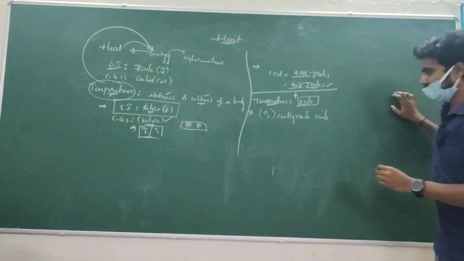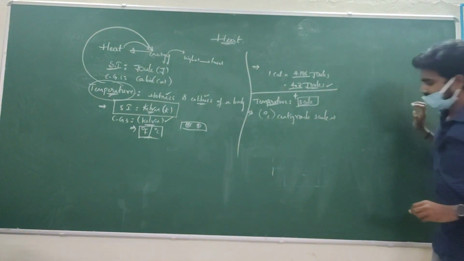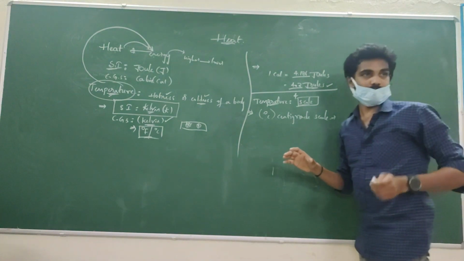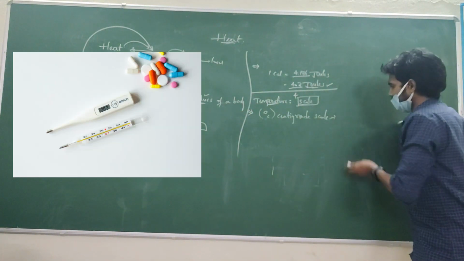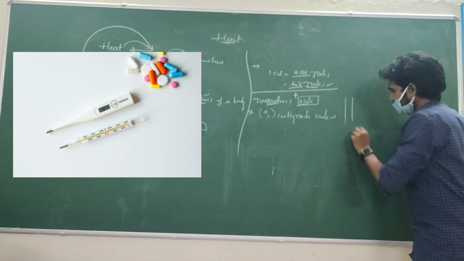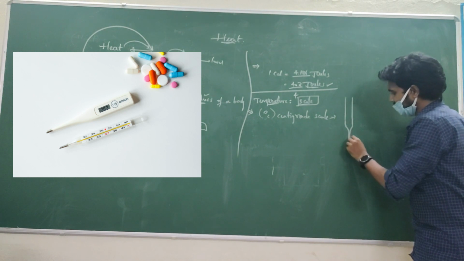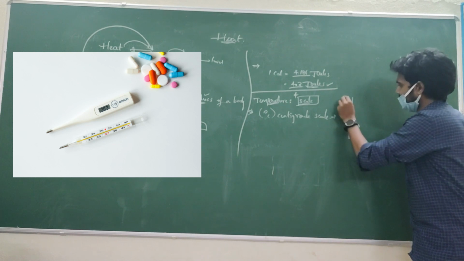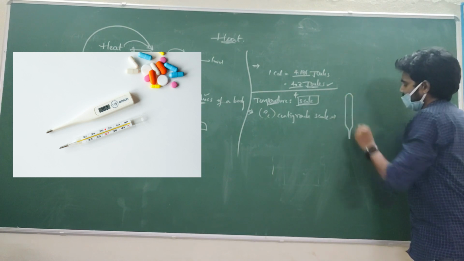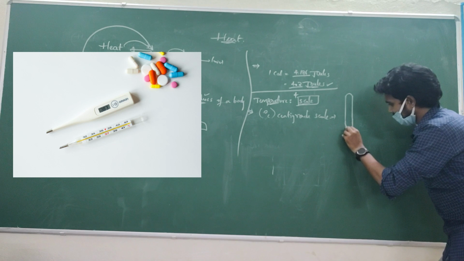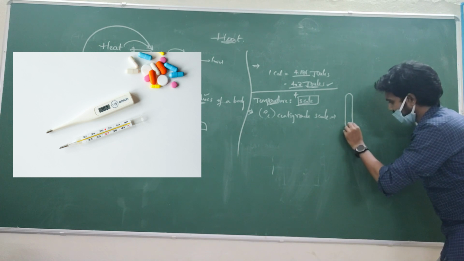If we look at the centigrade scale, it is a normal scale that we use in our thermometer. You know about the thermometer, right? So the thermometer might look like this, right? If you look at the diagram, it doesn't look like a thermometer. Okay. Look inside, let's say it might be like this.